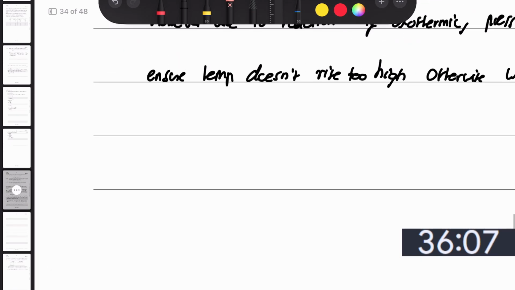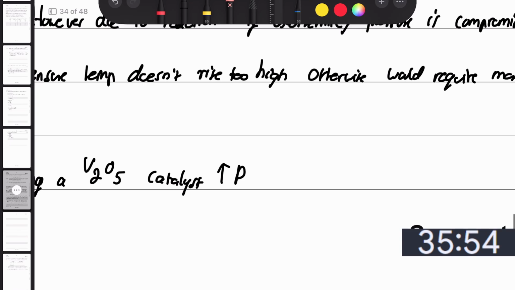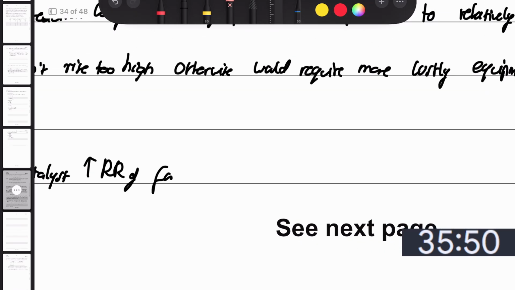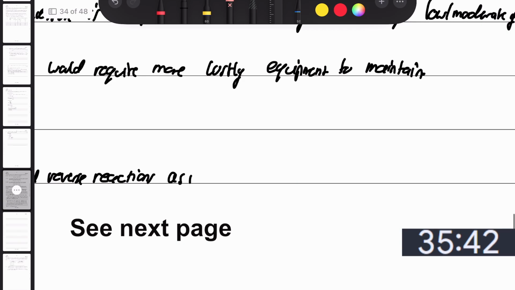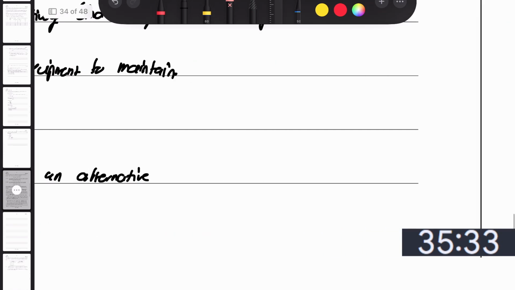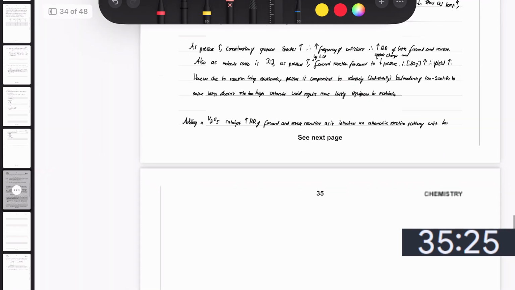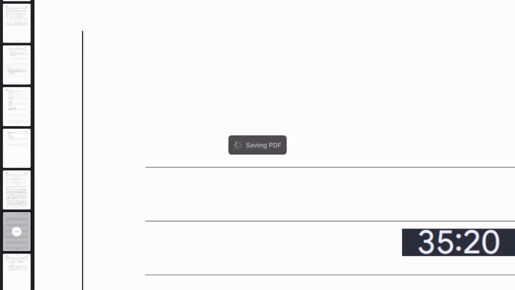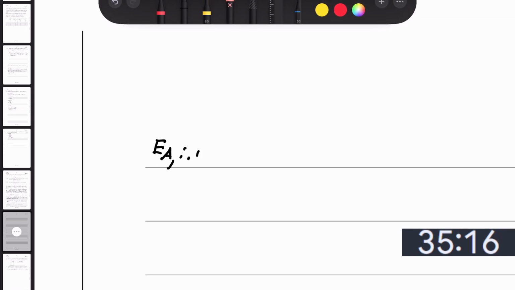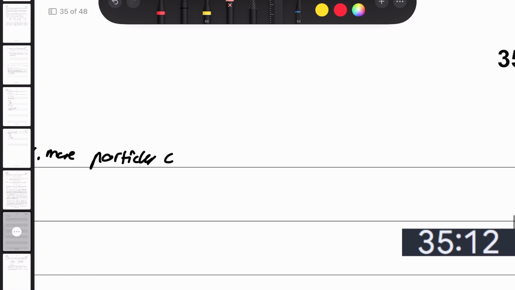And then we can also say adding catalyst, adding V2O5, increases reaction rate of forward and reverse reactions, as it introduces an alternative reaction pathway with lower activation energy, therefore more particles can successfully react.